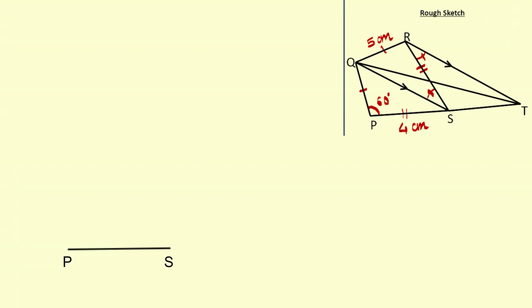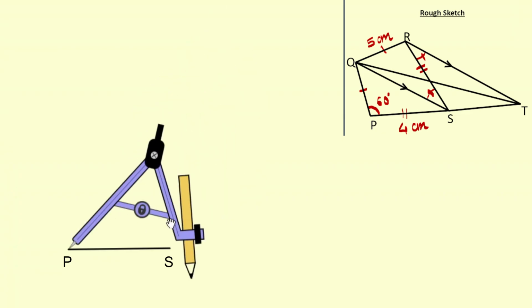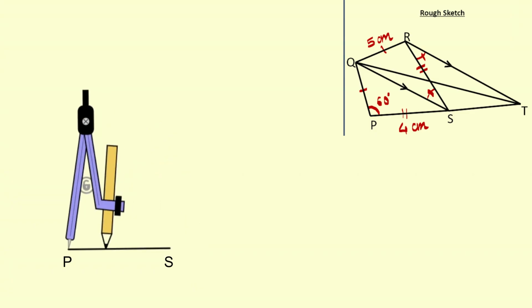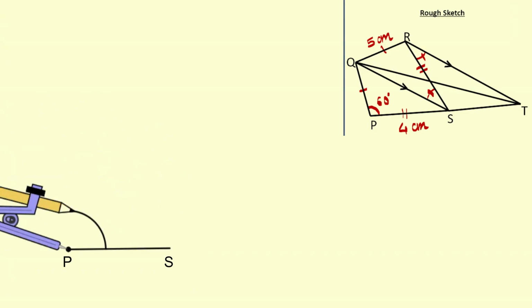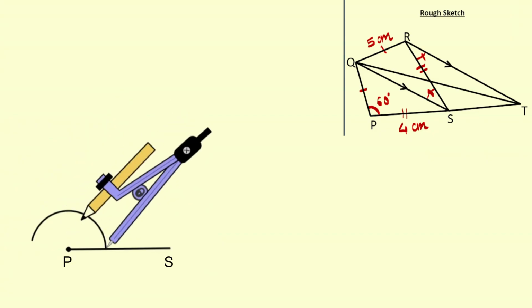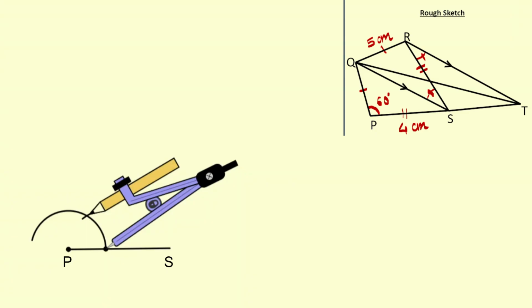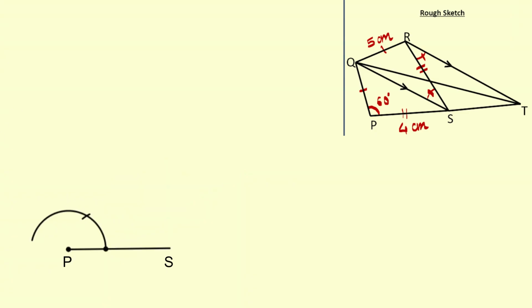Now I have to make 60 degree at point P. So let me make 60 degree by using my compass at point P. Okay, this is the arc, and if I cut this, it becomes 60 degree. Okay, let me make a line segment that passes through 60 degree. Okay, this is 60 degree.